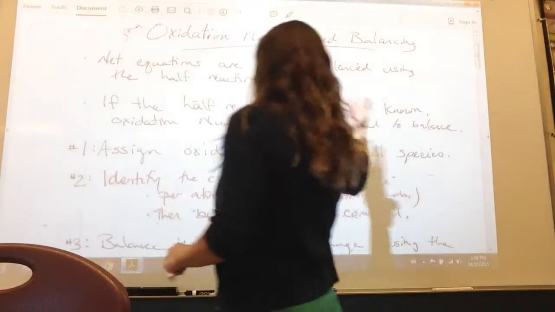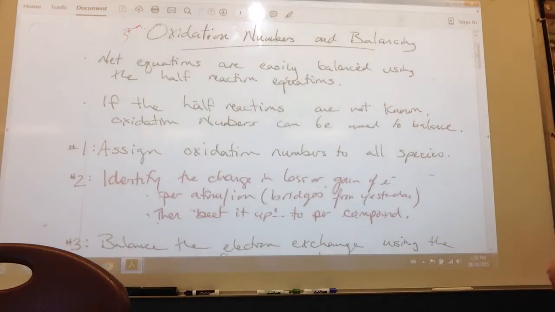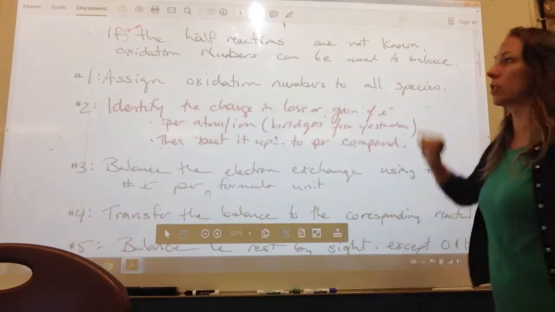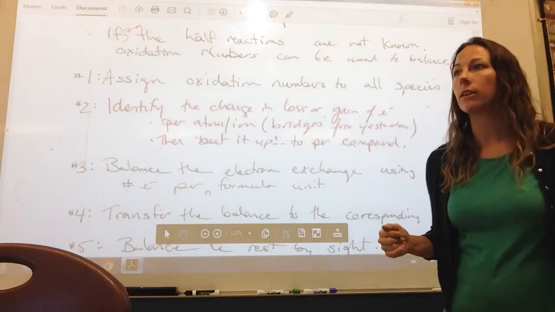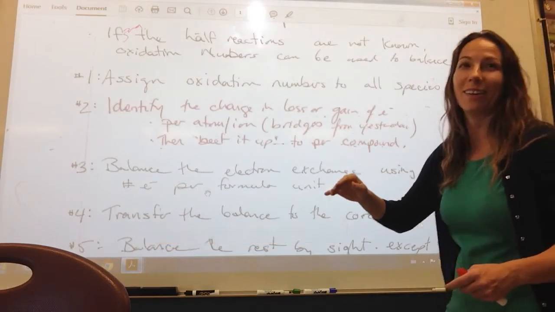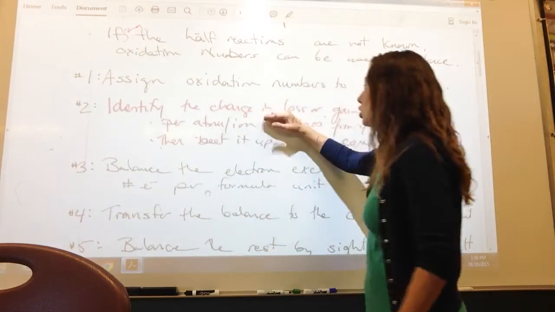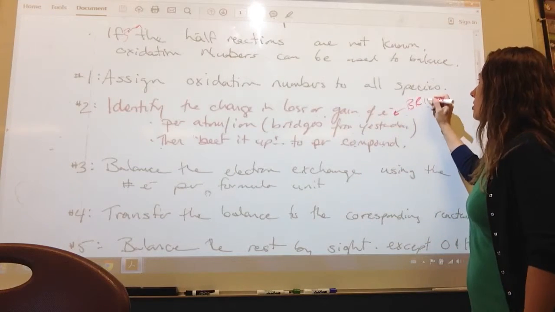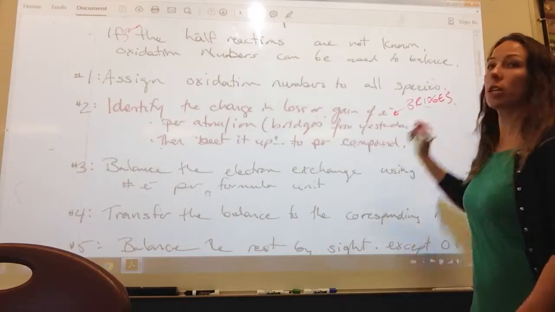Net equations are easily balanced half reactions. That's what I've just basically said. So the first thing we're going to do is assign oxidation numbers to all the species. Easy. Hopefully. Then we're going to identify the change in loss or gain of the electrons. These are the bridges that you just did on worksheet 2.